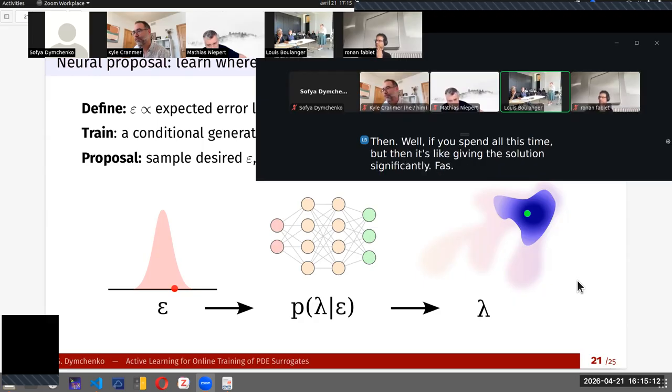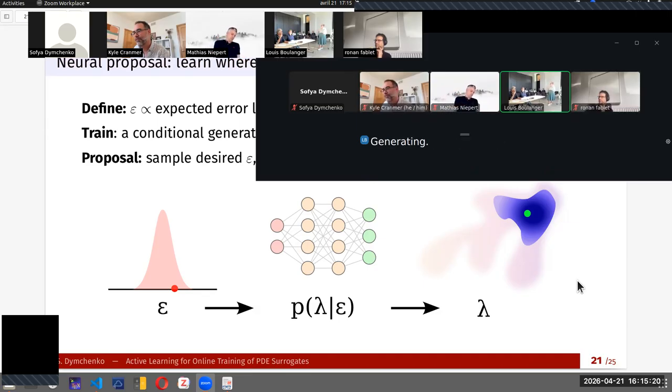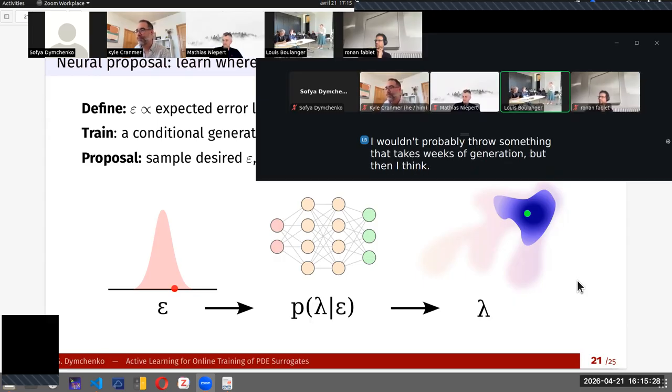But if you manage to make it learn accurately, then maybe the amortized cost of generating, then also throwing away, I wouldn't throw away something that takes weeks of generation. But then I think this is where the online approach probably fails, or at least it needs work, at the state it is right now, where we just throw the data away, because we are not working with days of computational cost.